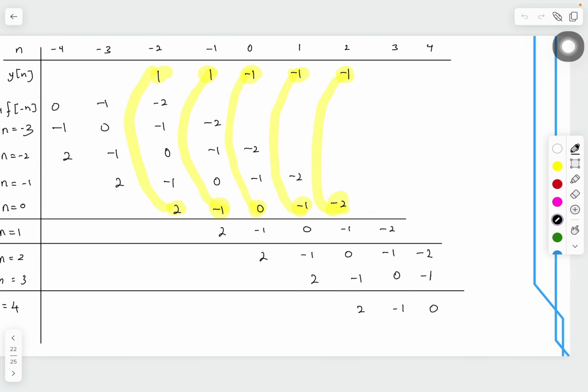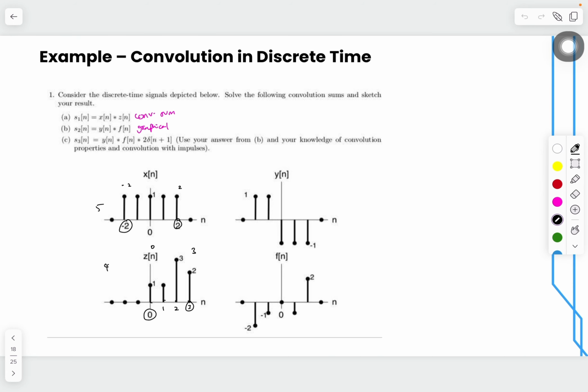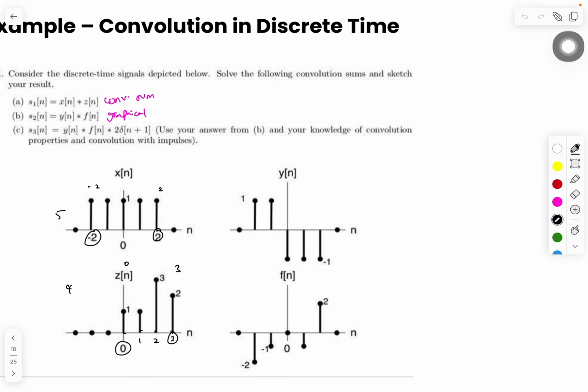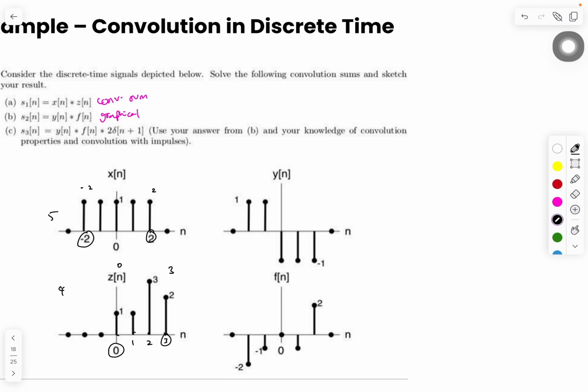Lastly, let us try to do letter C. Letter C, it's very simple. So this is S3[n], which is S2[n] convolved with 2 delta[n plus 1].